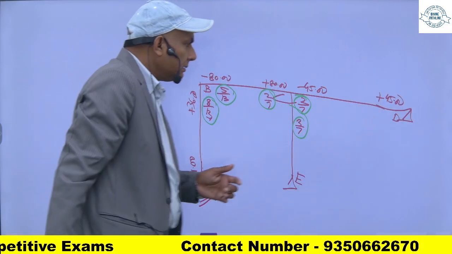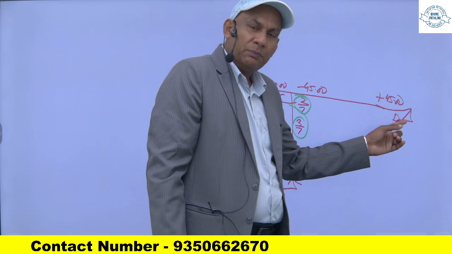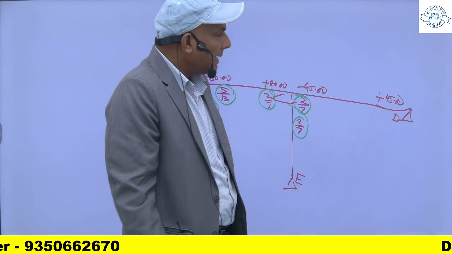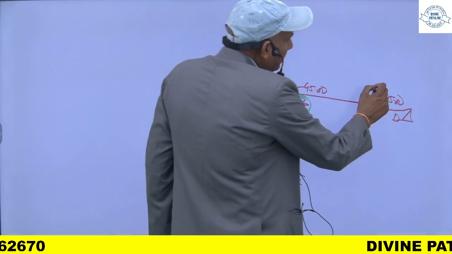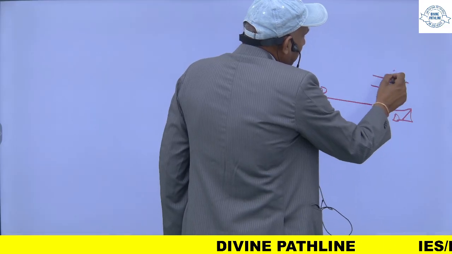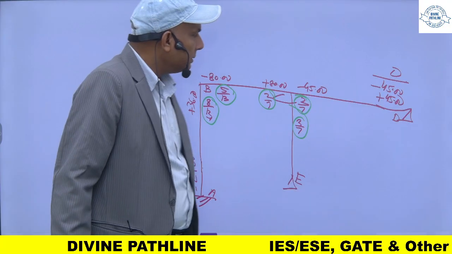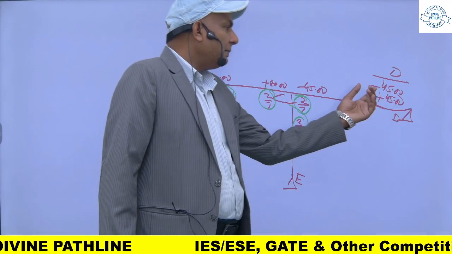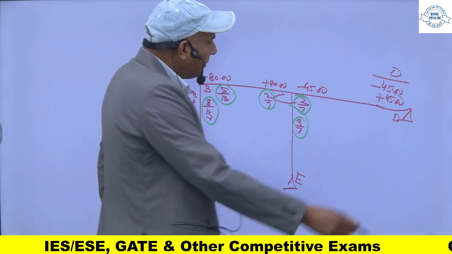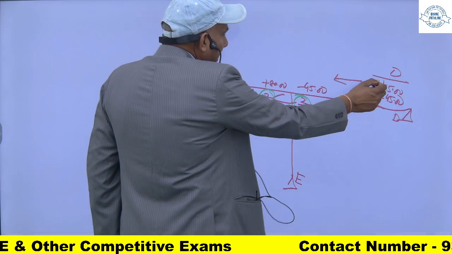At D there is a moment of plus 45, but since this end is simply supported, this one is hinged, I have to apply a correcting moment of minus 45 so as to make it 0. But while applying this, since I have applied minus 45 kilonewton meter as the correcting moment, half of this will transfer here and of the same sign.